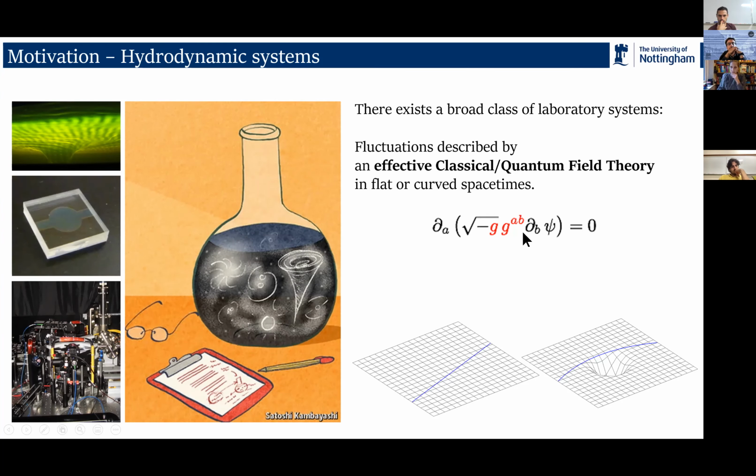If I look at the small fluctuation equations, I can find a parameter space where the fluctuations are governed by a dynamical equation which is exactly the same as the one I introduced to do field theory in curved spacetime. And what is beautiful about these analogues is that this ad hoc replacement is actually built in.